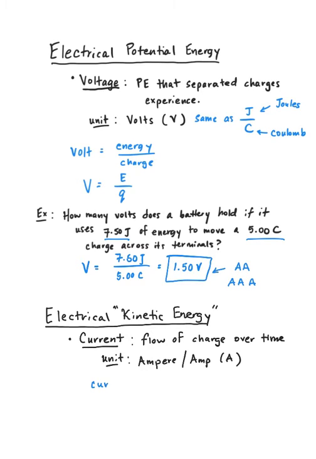Current is equal to charge flowing divided by time. We will give the abbreviation I for current, since we've already used C as an abbreviation for the Coulomb measure of charge.